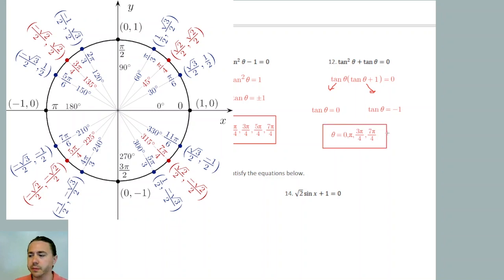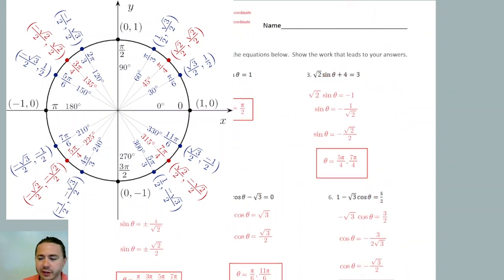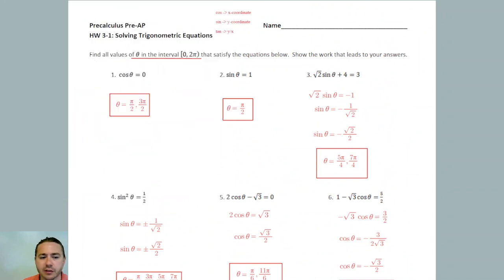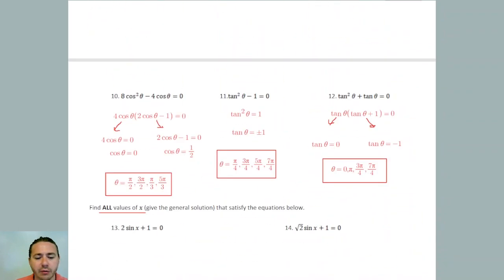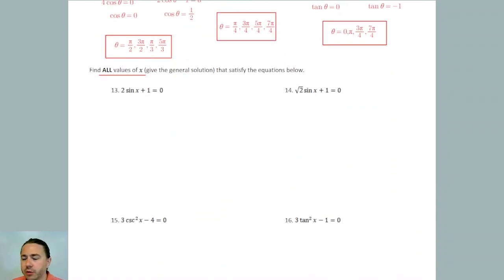All right, so that's 1 through 12. All of those, you're just writing the solutions that you find on the unit circle. Remember that the directions specifically state to only give the solutions that are between 0 and 2 pi. So if the solutions are not 0 to 2 pi, we didn't write them, but here, starting with number 13, we're going to give all of the solutions. So we're going to give every single solution to the equation, including ones that are not on the unit circle.